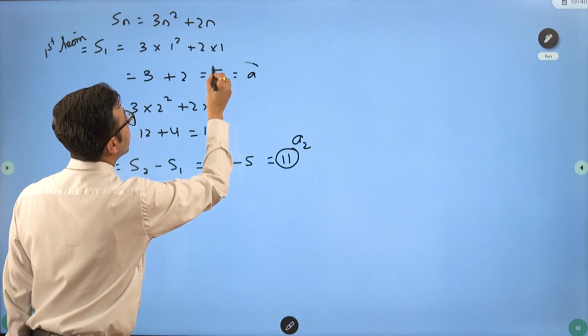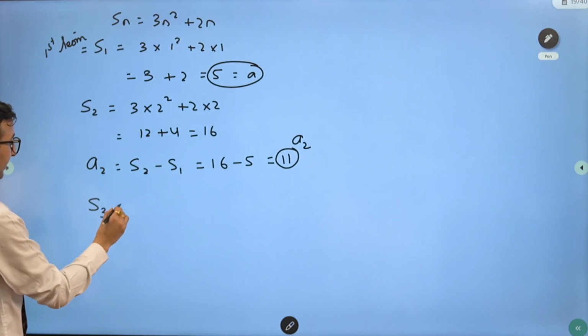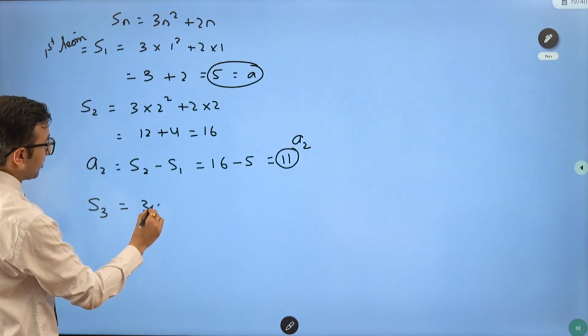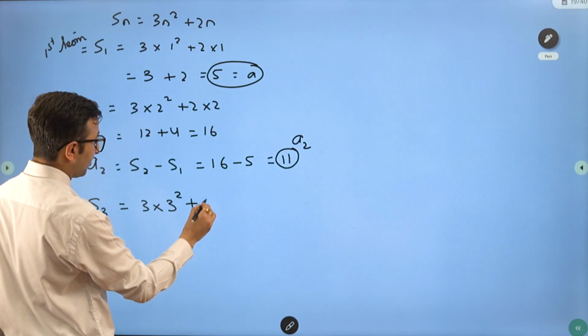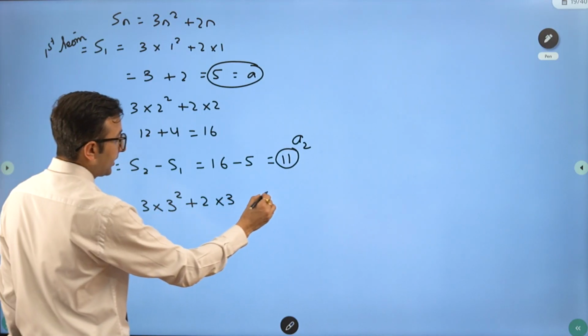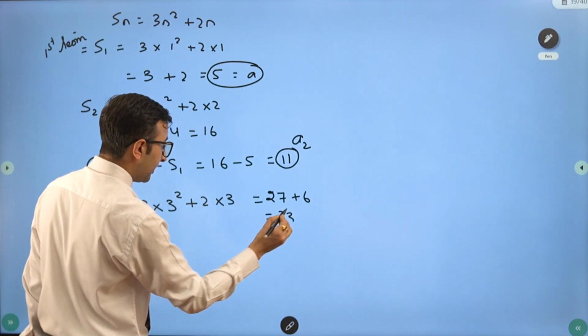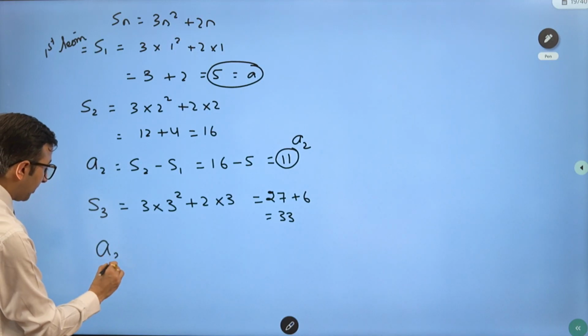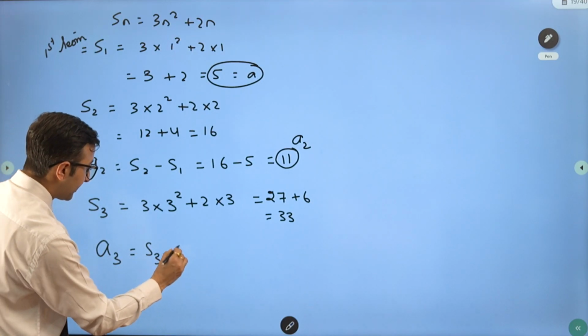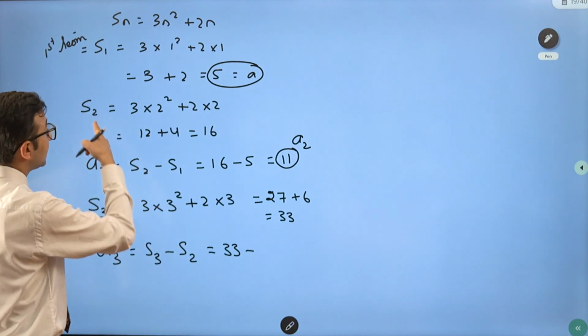This is A1, this is A2, and for the third one, we will find S3. S3 will be 3 into 3 square plus 2 into 3. 3 3s are 9, 9 3s are 27, plus 3 2s are 6, which is equal to 33. To find the third term, S3 minus S2, which is 33 minus, how much is S2?